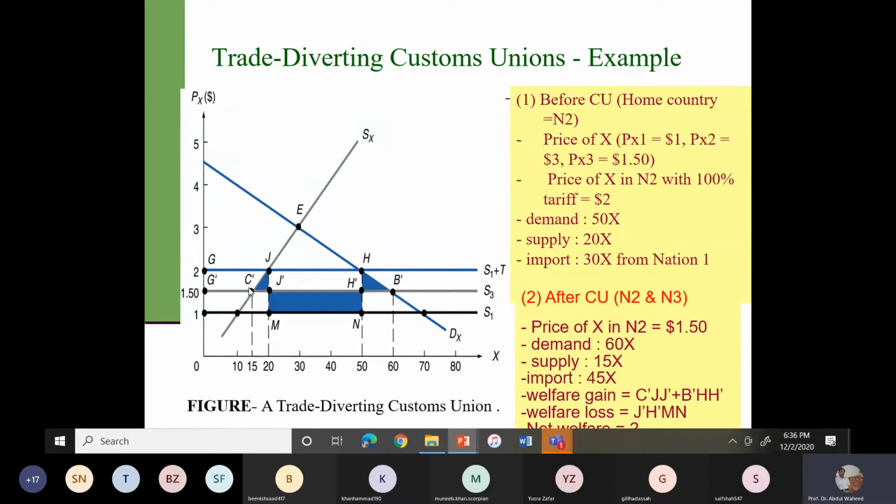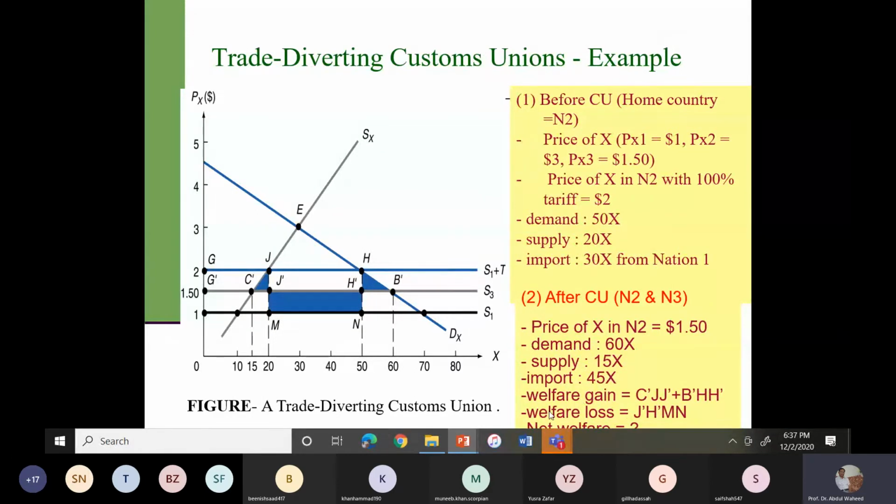You can see that these two areas are welfare gain. So welfare gain is C prime, J, J prime, this triangle, and then B prime, H, and H prime. The sum of these two triangles is the welfare gain.